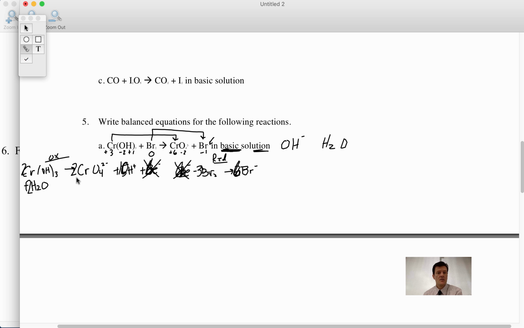Okay? So we've got Cr, 2Cr, OH, 3 there. And then we've got the other reactants.